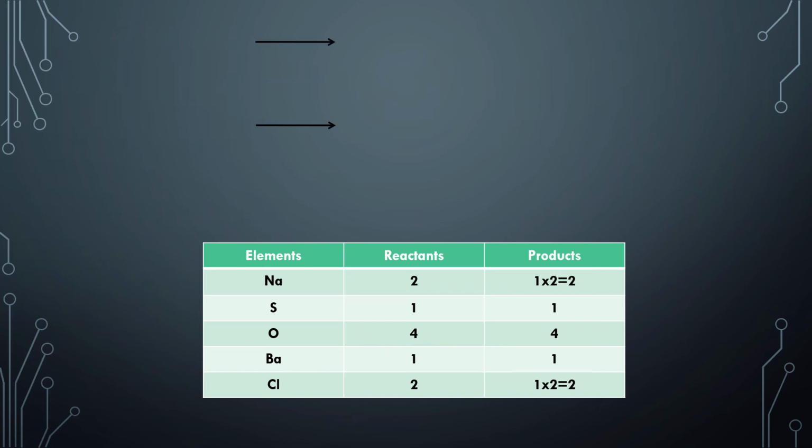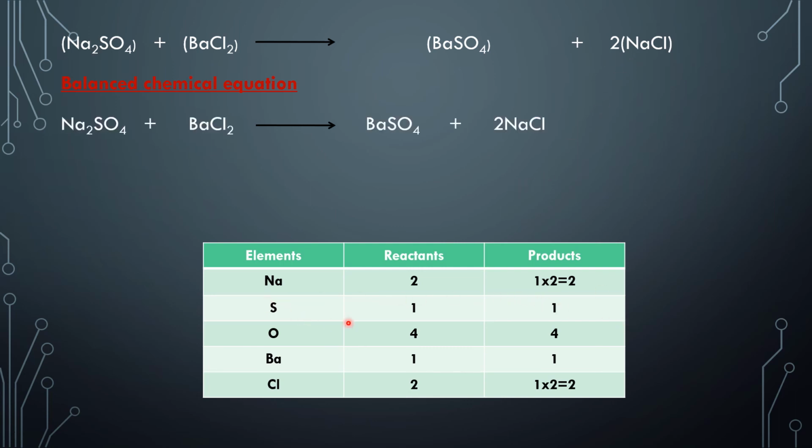Now we will multiply NaCl by 2 so that the number of atoms of sodium and chlorine will be equal. In this way our equation will be balanced. At last we find this equation in the form Na2SO4 + BaCl2 → BaSO4 + 2NaCl.